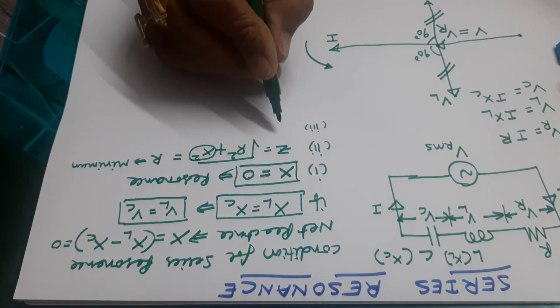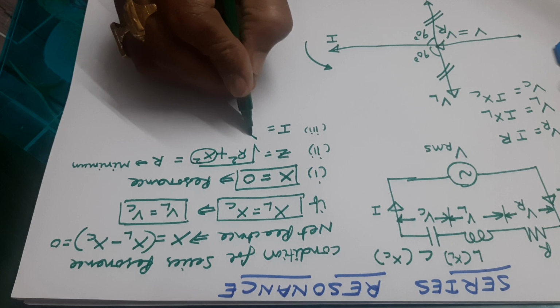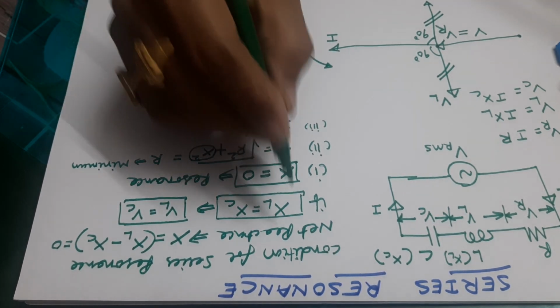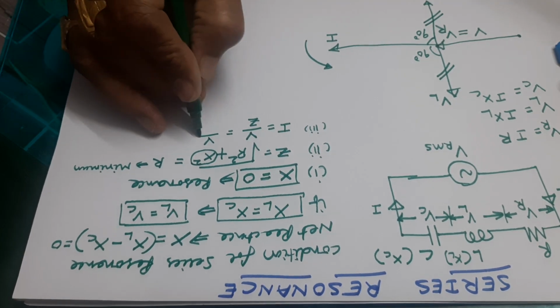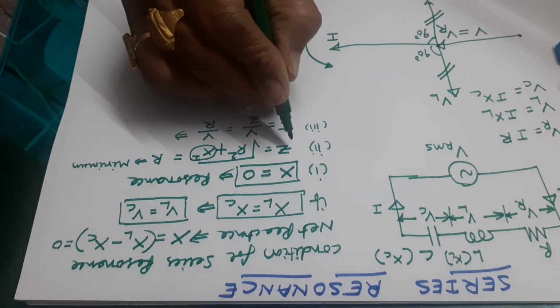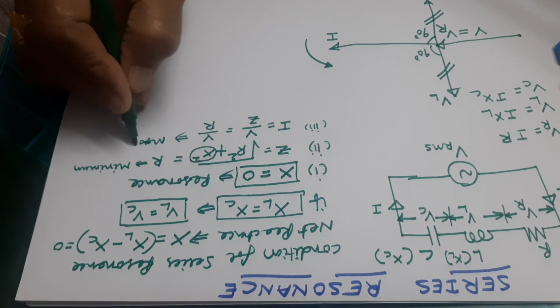In a normal AC circuit the current drawn is V by Z, but because of the resonance condition, the impedance is R itself. Therefore, if the impedance offered by the circuit is minimum, the current is maximum.